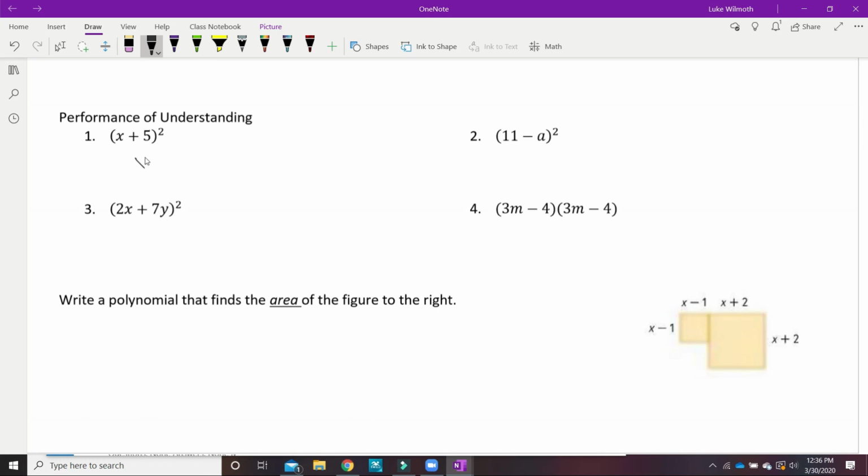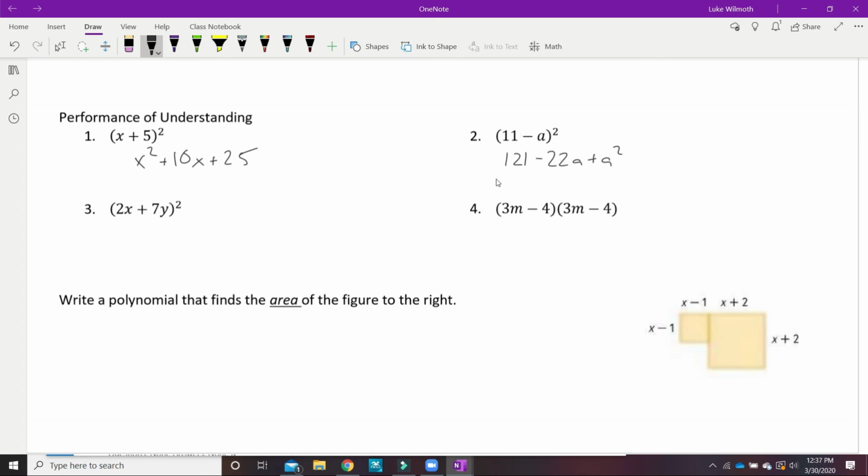Okay, the first one was x squared plus, remember it was 2 times ab, so that would be 10x plus 25. Here we're going to have 121 minus 22a plus a squared. I squared the first term, I squared the last term, I doubled the middle two times each other.